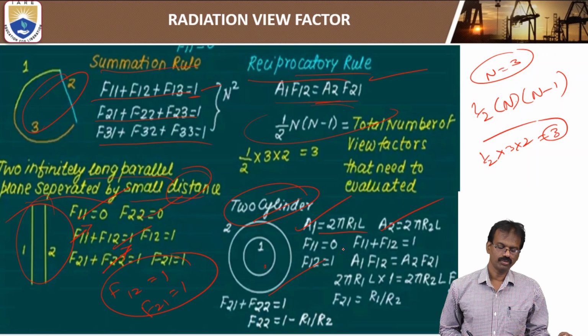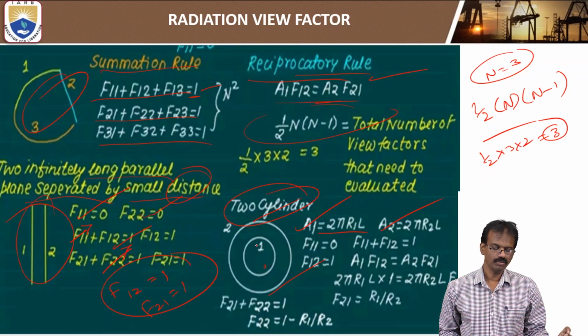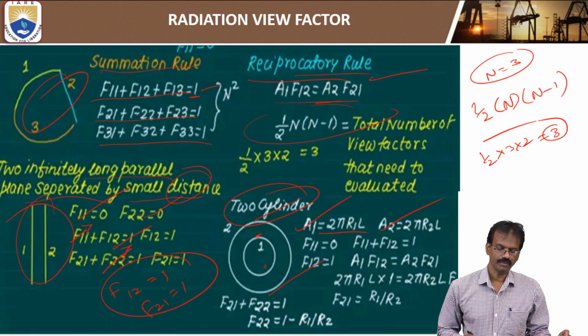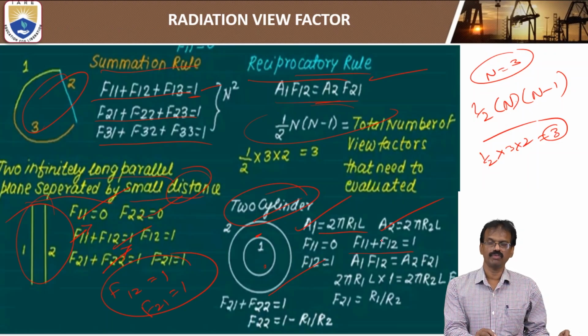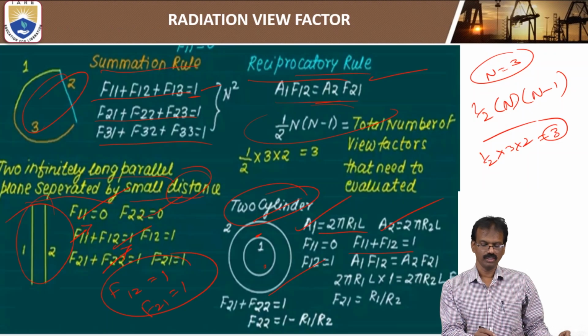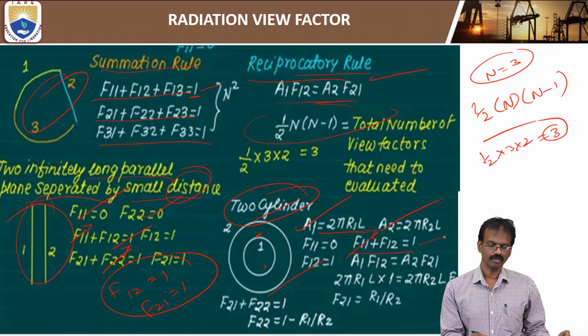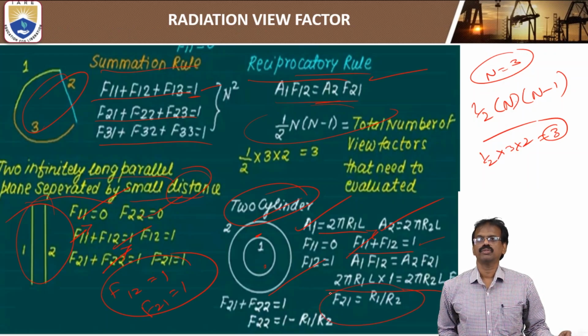Here F11 is equal to 0 because this is the convex condition. According to the summation rule, F11 plus F12 is equal to 1, so F11 is 0, which means automatically F12 is equal to 1. Similarly, A1 F12 is equal to A2 F21. Then you can substitute the areas A1 and A2, and automatically you can find F21. F21 is equal to R1 by R2.